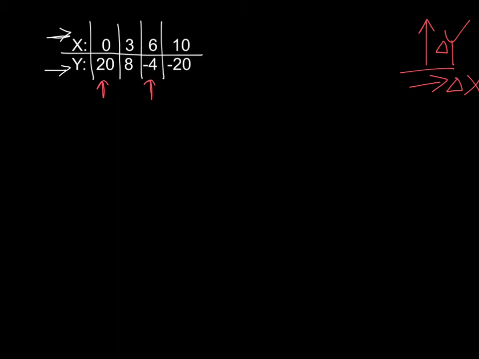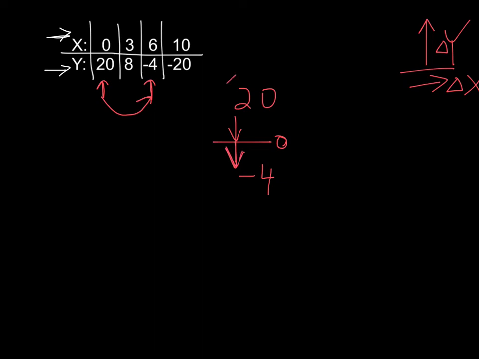How much does it go up from 20 to negative 4? Wow. So this one actually goes from 20 down to negative 4. It goes past 0 on the way down. So it goes down 20 to get to 0, and then it goes down another 4 to get to negative 4.